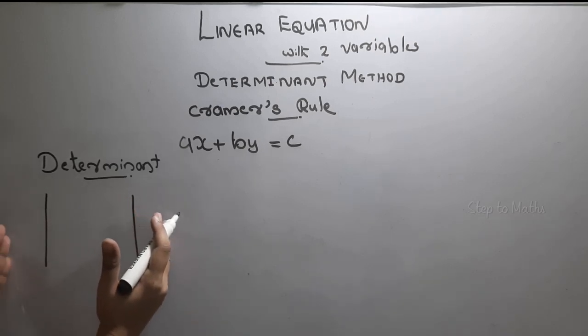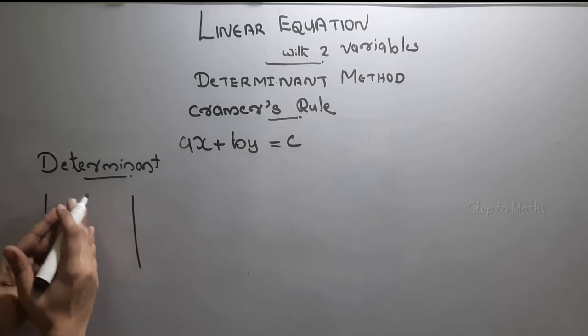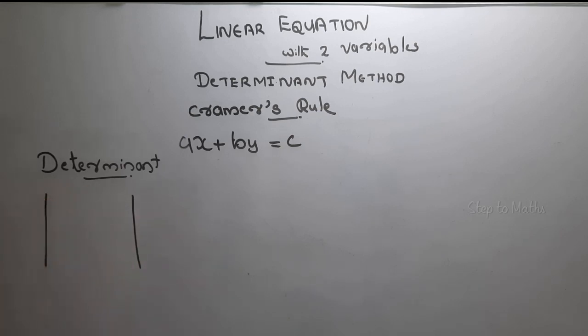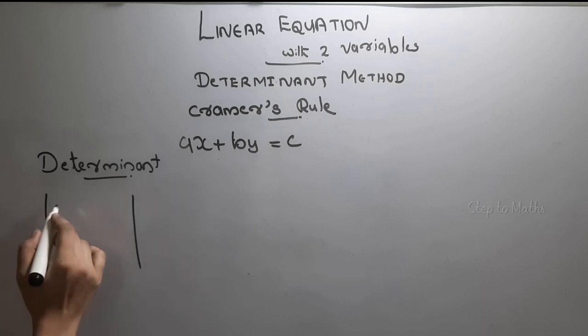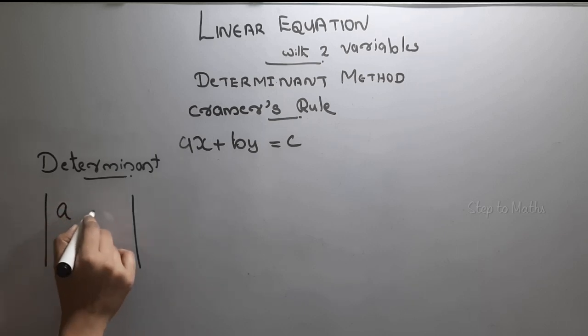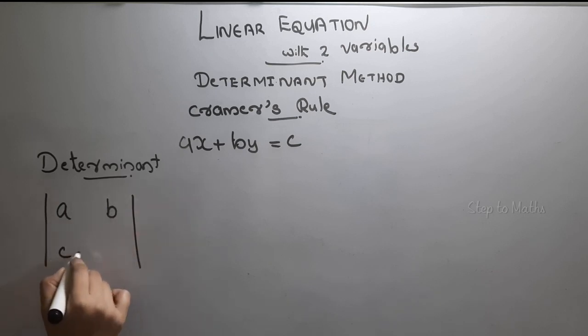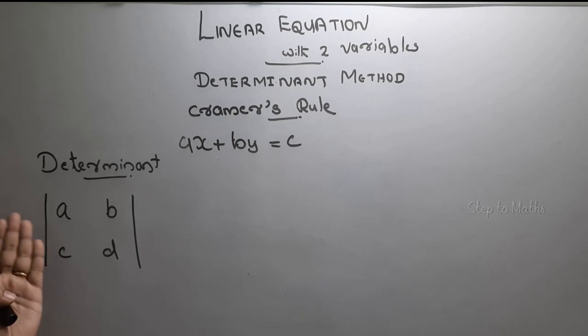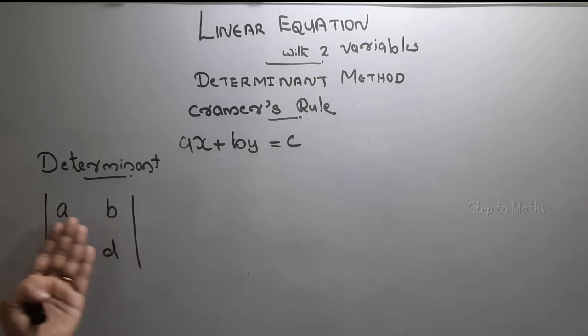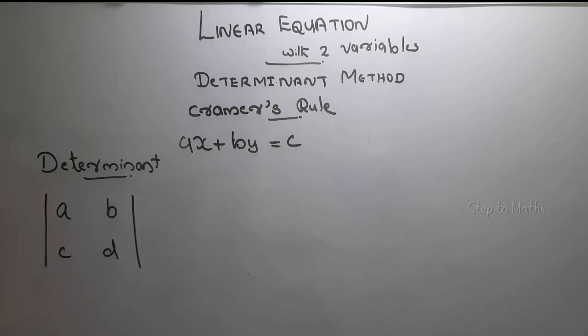Within two vertical lines we write the numbers and we find its value. It is a determinant. In general form, we can write A, B, C, D. These four numbers are arranged in the form of rows and columns.